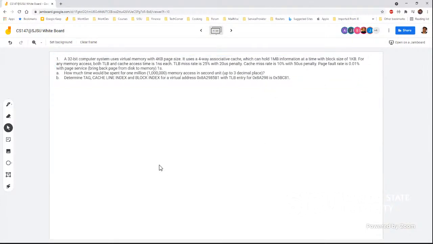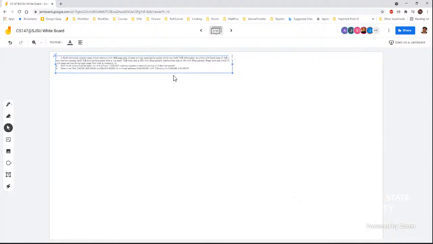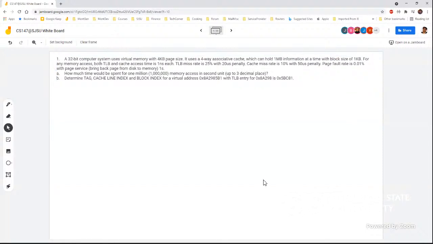So in this problem, first of all, let's come from the cache perspective. We have the block size somewhere.